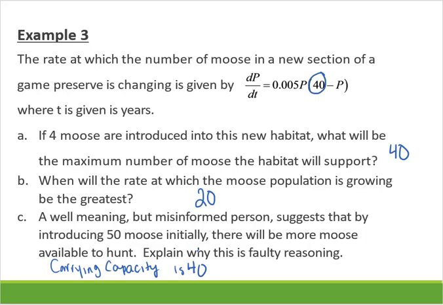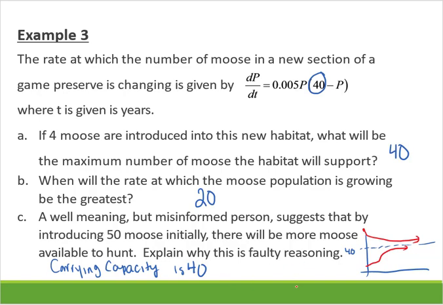So what's going to happen is actually in your logistic curve, I wish I had more room. So if that's 40, if you introduce less than 40, your curve goes up to that. But if you introduce more than 40, say I'm up here at 50, my curve goes down to 40.